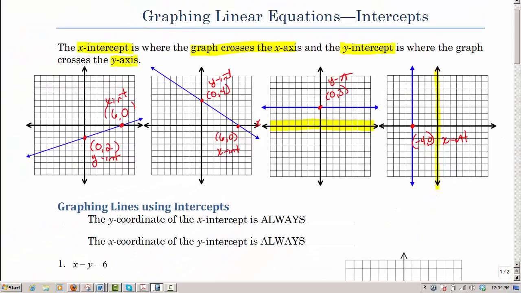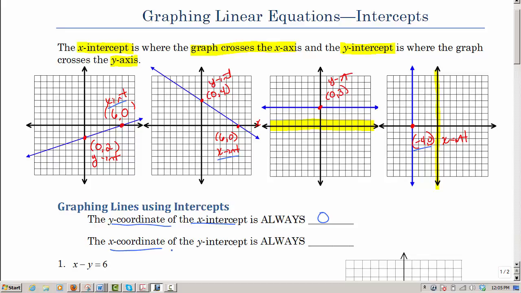Now look at these coordinates. Look at the y-coordinate of the x-intercept. Here are my x-intercepts. What's the y-coordinate on every one of those? 0. Because in order to cross the x-axis, your y-coordinate must always be 0.